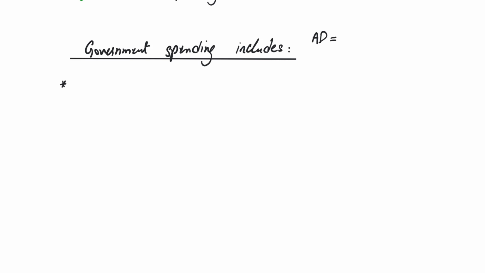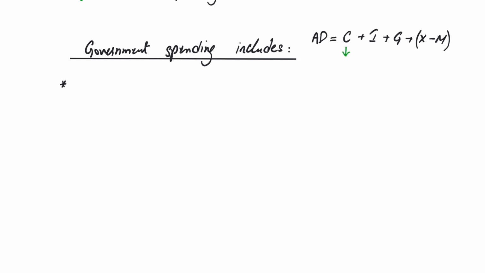The formula is C plus I plus G plus X minus M. Basically, everything that is being produced in your country, in Pakistan, from primary, secondary, and tertiary sectors, this formula tells us who are the buyers of those goods and services.